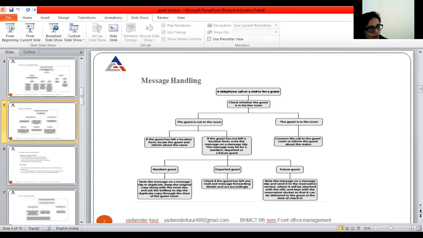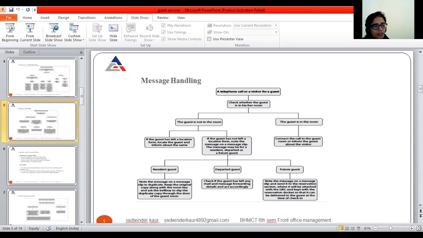When the guest is in the room, we have to connect the call to the guest's room number, or inform the guest about a visitor if the visitor came directly to the reception, or if there is a call or some message for the guest in the room, we have to hand it over through the bellboy, right? But when the guest is not in the hotel or in the room, then we have to check whether the location form is filled by the guest or not, right?